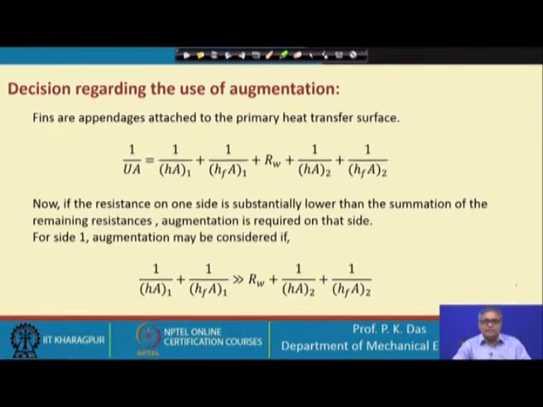It is like this, that we know that in a heat exchanger there could be many heat transfer surfaces, but a typical heat transfer surface will have one fluid on either side.